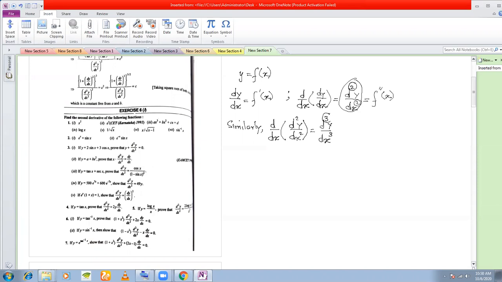The order of the derivative here becomes 3, and we write this as f triple dash x. And what is f triple dash x equal to? This is nothing but d/dx of f double dash x, and f double dash x is equal to d/dx of f dash x.